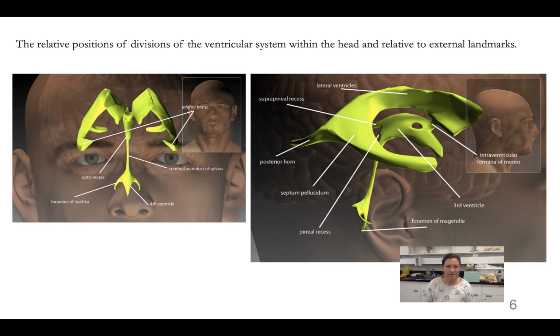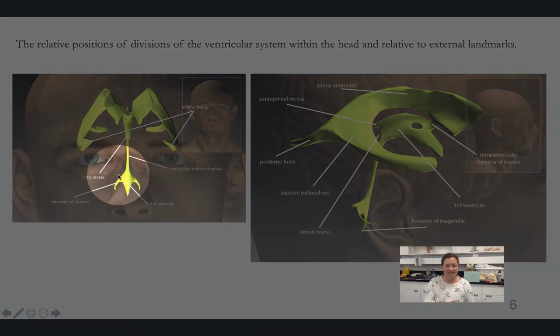Just as it's important to know where things are relative to the brain, it's sometimes helpful to remember what level everything is at relative to external landmarks. So if you go straight through your head, you can see that the fourth ventricle is roughly level with the bridge of your nose.